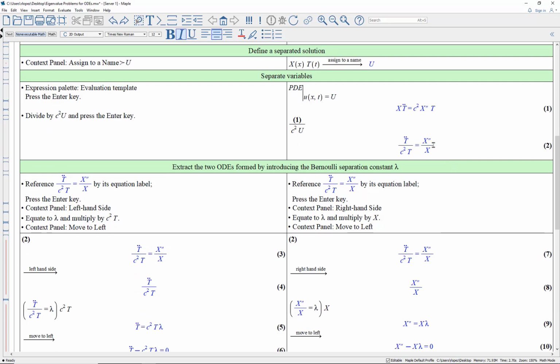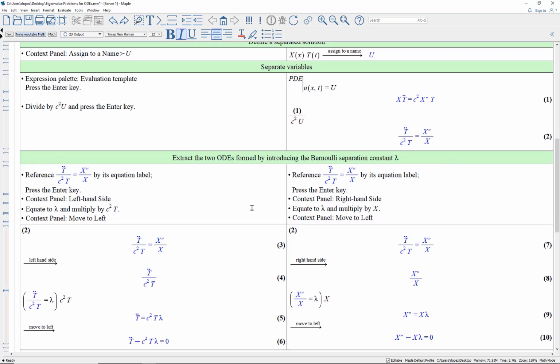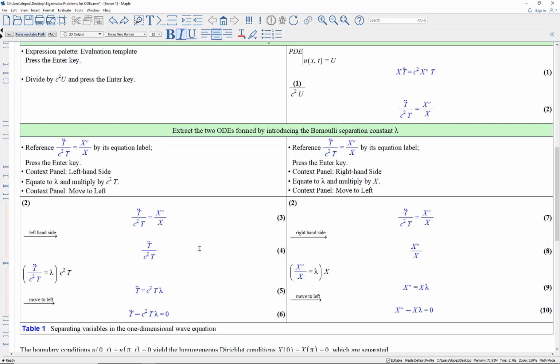Okay, so now this has an equation label, and I'm going to reference that equation. Over here, I'm going to deal with the t equation. Over here, I'm going to deal with the x equation. So I grab the left-hand side, and I multiply through by that denominator after having set that left-hand side equal to lambda.